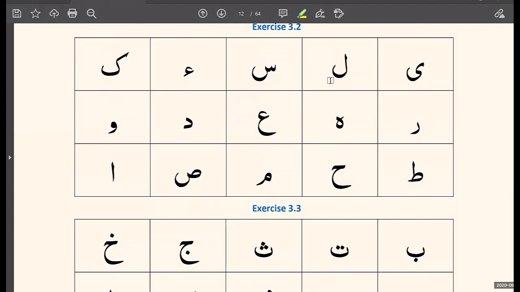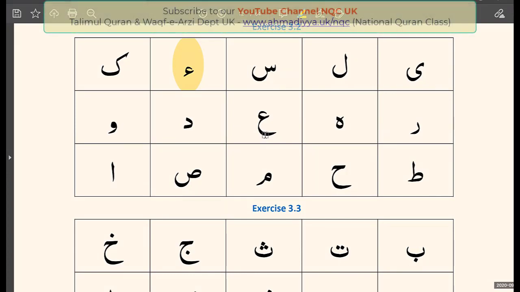Lam, sin, ain, hamza, kaf. You better know. Ra, ha, ain, dal.